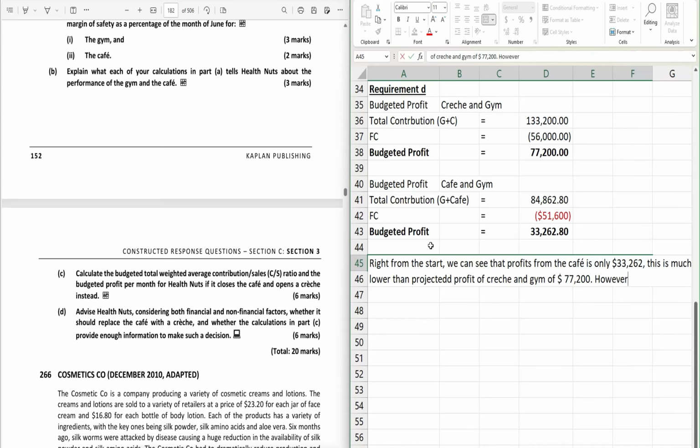However, we also need to consider the non-financial factors before making any final decisions.